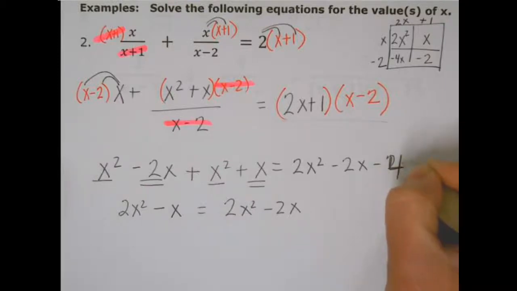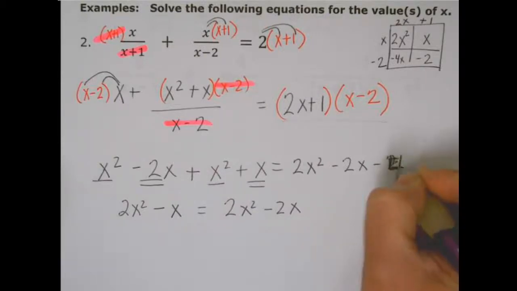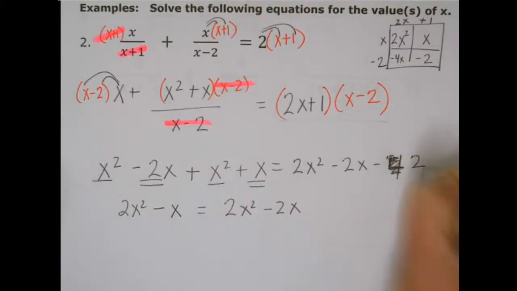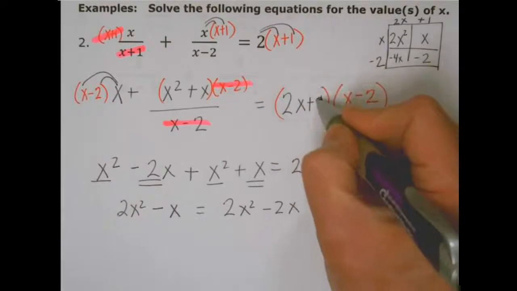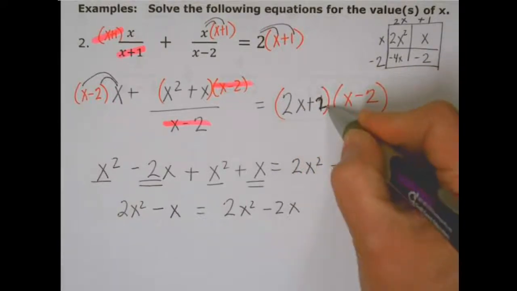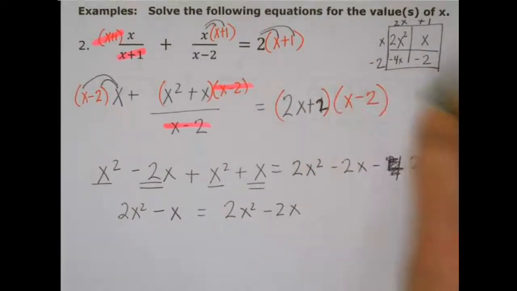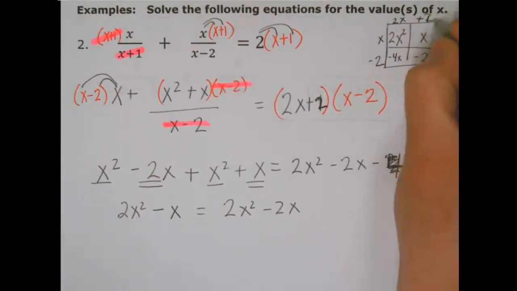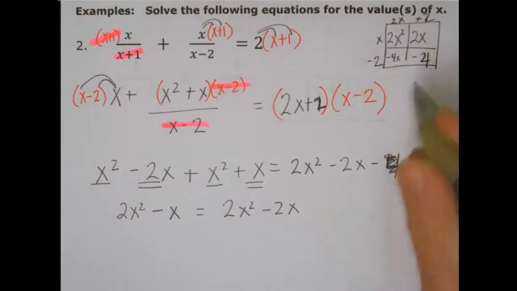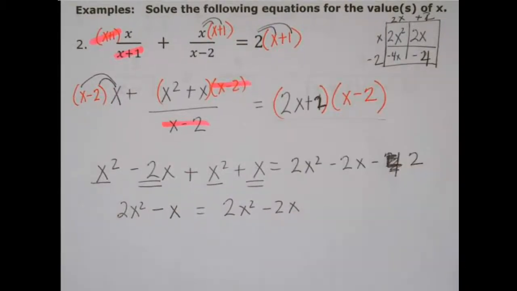Is that right? Did I write that down right? Excuse me. Okay, right here when you distribute, this should have been a 2. So then when you multiply it, this should have been a 4, because I knew that wasn't coming out like I wanted it to.